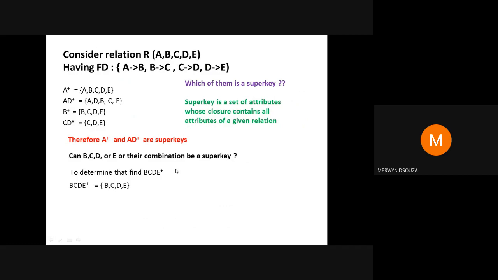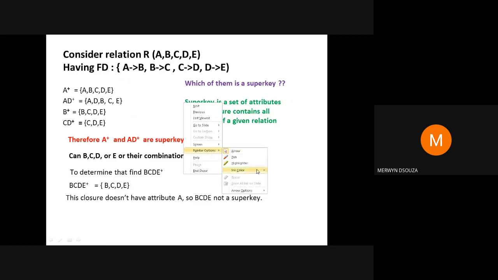So you can see in this closure, one attribute is missing from the relation R. The attribute A is missing. Since the closure does not contain all the attributes of the relation R, BCDE is not a super key.